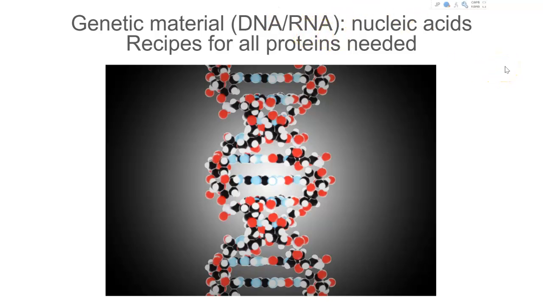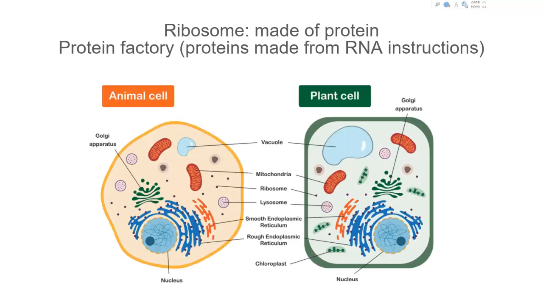The RNA is kind of like a copy of what the DNA says for just one protein. So when we make proteins, we make them one at a time, and the instructions for one protein are sent to the ribosome, and the ribosome takes it from there. So the genetic material is inside the nucleus.